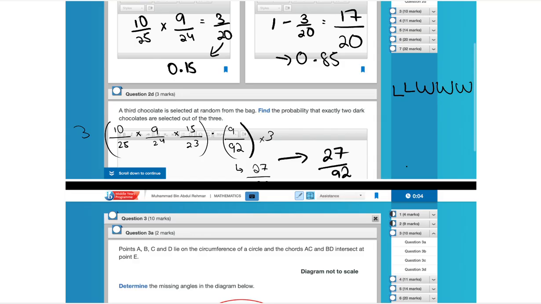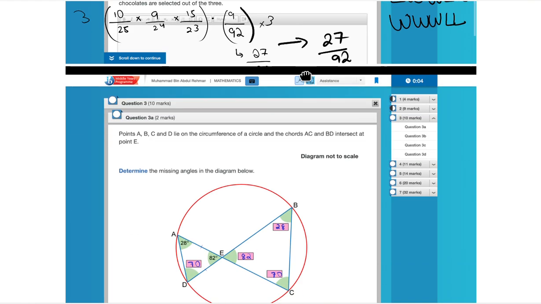It's not necessary. This is one of the probabilities. It could also be lost, won, lost, won. It could be any of the probabilities, right? So once we find all of those probabilities, we have to multiply them by the total number of probabilities that we get. So that would be the answer.